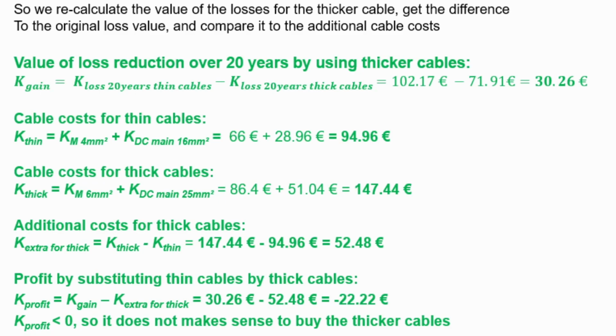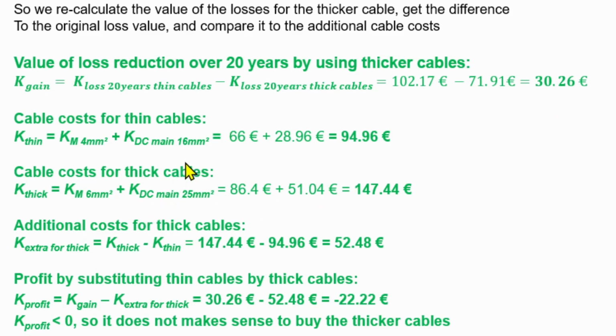So the value of the cost reduction, just to make the quiz estimations already before. Originally we had a loss of 102.17 euros. With the new thicker cables, we have only a loss during 20 years of 71.91 euros. So we have a loss reduction of 30.26 euros.